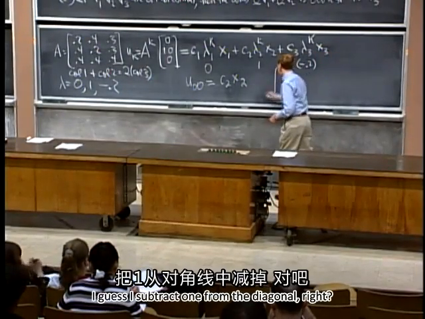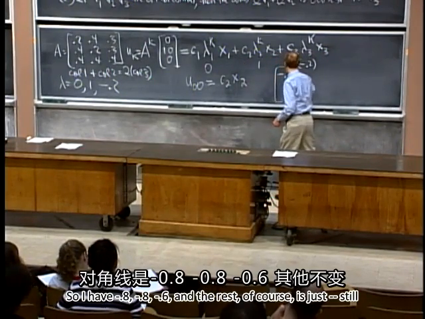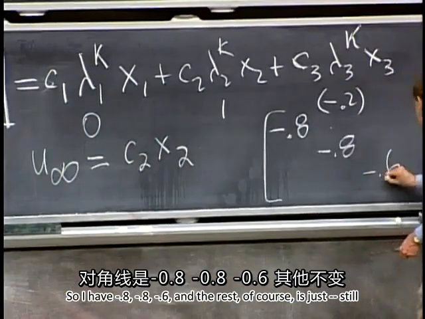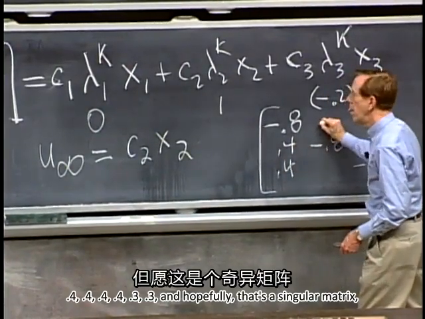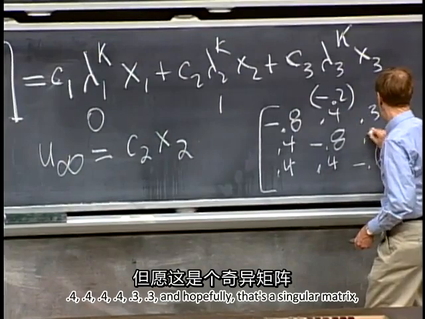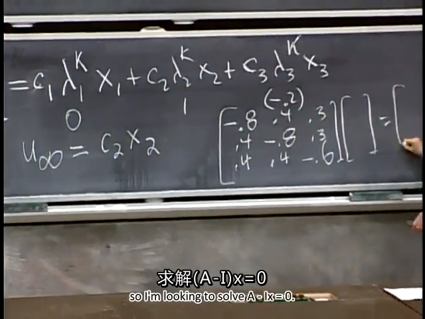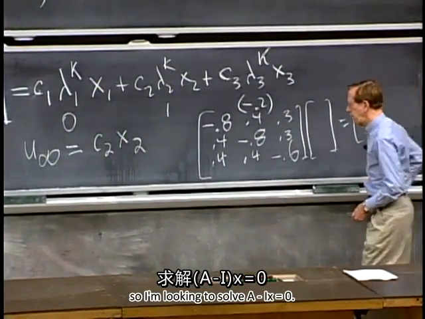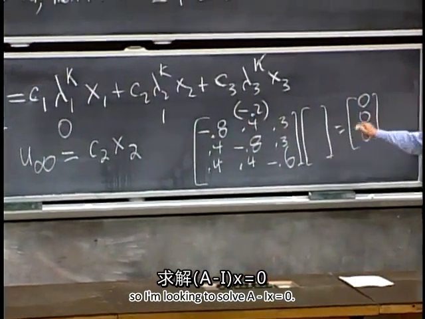I guess I subtract 1 from the diagonal, so I have minus 0.8, minus 0.8, minus 0.6, and the rest is still 0.4, 0.4, 0.4, 0.4, 0.3, 0.3, and hopefully that's a singular matrix. So I'm looking to solve A minus I times x equals 0.